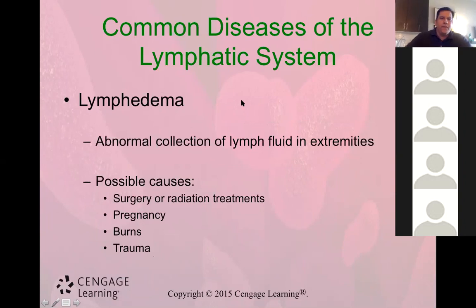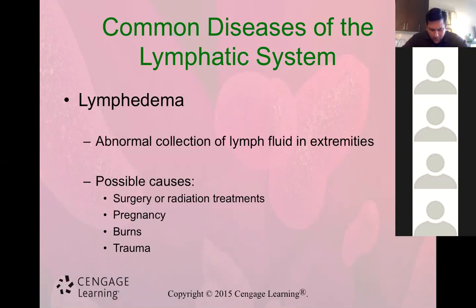Lymphedema is another disease of the lymphatic system that consists of an abnormal collection of lymph fluid in the extremities. The possible causes, or etiology, are surgery or radiation treatments, pregnancy, burns, trauma.